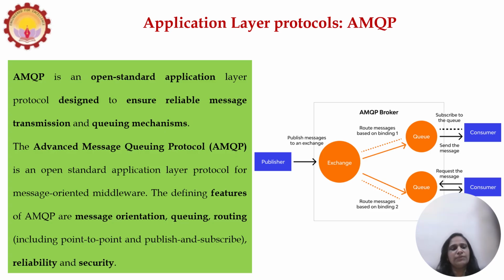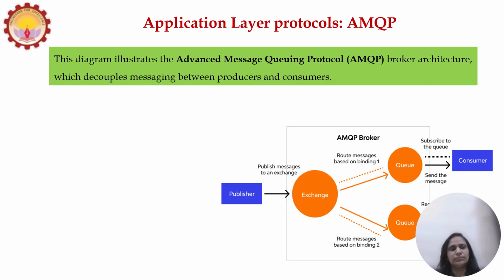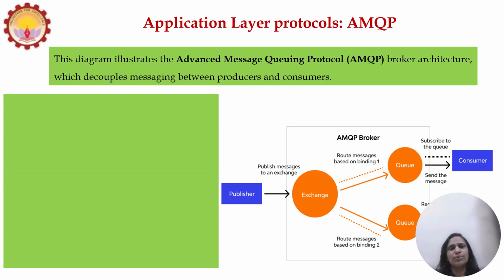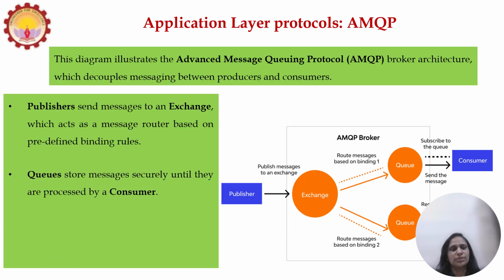The defining features of AMQP are message orientation, queuing, routing, reliability and security. This diagram illustrates the AMQP broker architecture, which decouples messages between the producer and consumer.